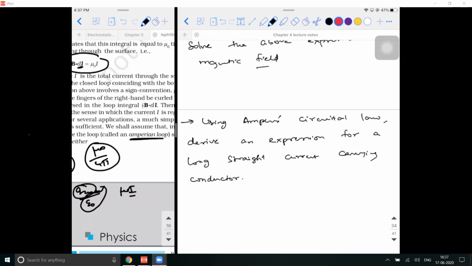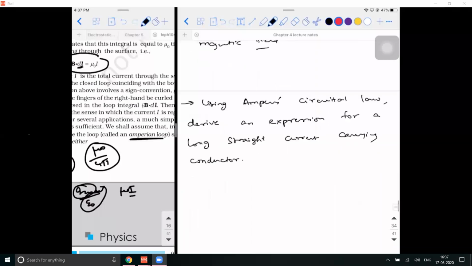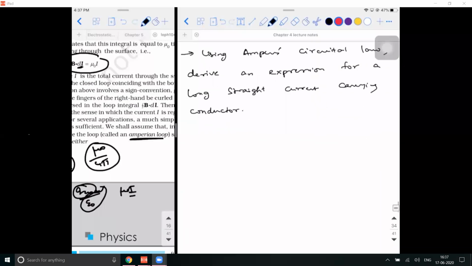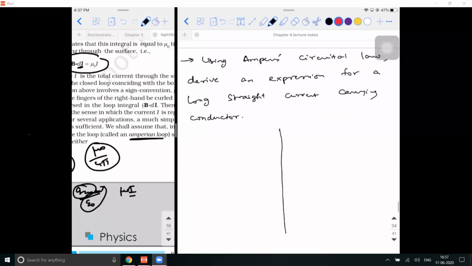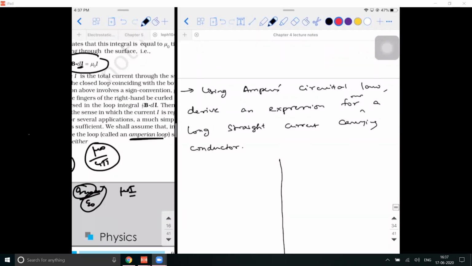You already know the expression. What is it? You did a problem now: mu naught I divided by 2 pi d. Now we are going to derive the expression. Are we finding the magnetic field? Yeah, you have to derive an expression for the magnetic field due to a straight current carrying conductor.